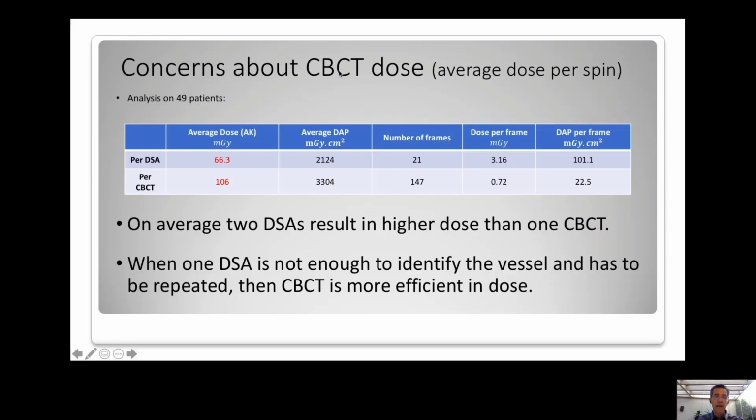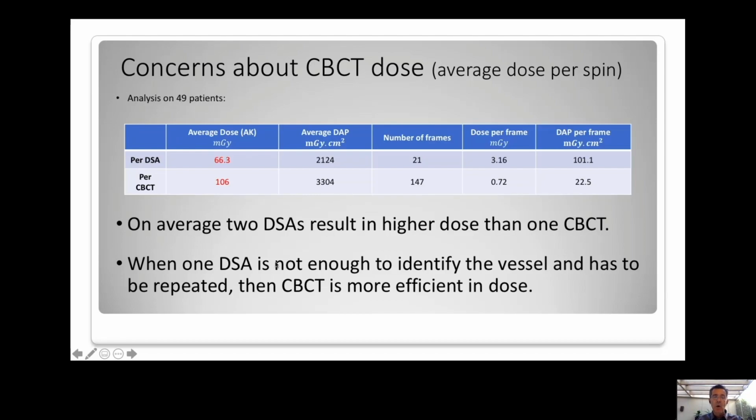So also we got information in 49 patients using Carnevale CT, and we found that on average 2 DSAs result in a higher dose than only one Carnevale CT. As you can see here, one DSA 66 milligrams compared to 106 milligrams when we use Carnevale CT.